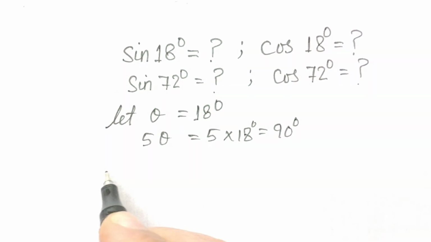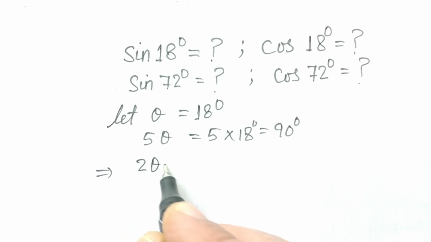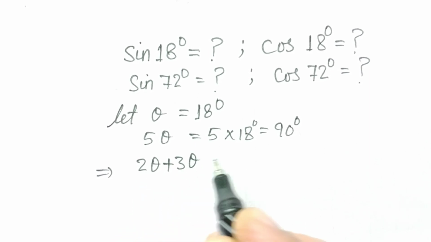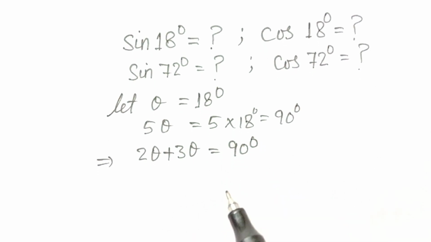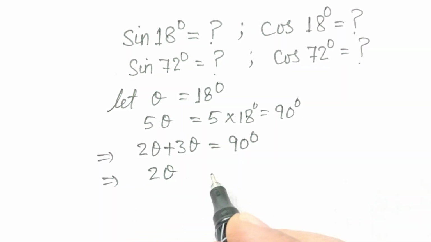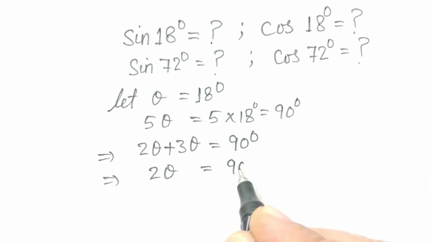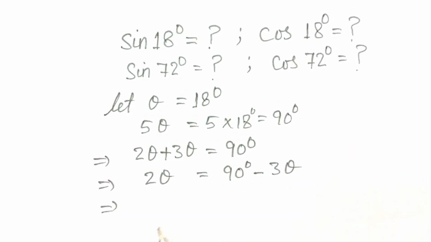If we break 5 theta as 2 theta plus 3 theta is equal to 90 degree, right? So 2 theta will be equal to 90 minus 3 theta.